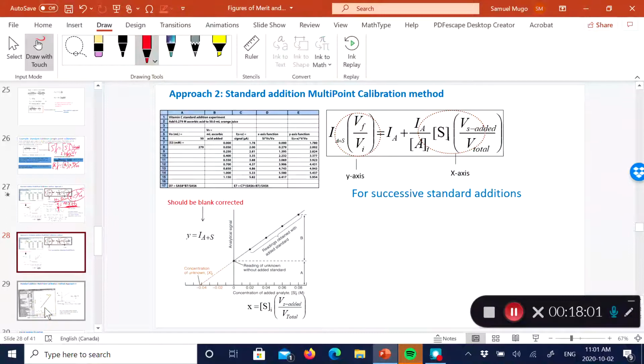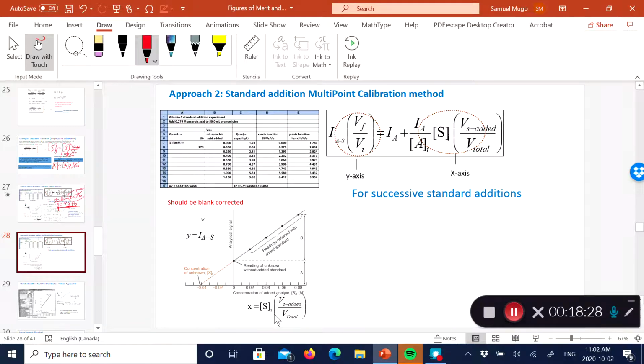So that's approach one. But there's another approach where the x-axis remains exactly the same, meaning you calculate the concentration of the standards in each of your solutions. Same way, concentration of the standard initial multiplied by the dilution factor, which is the volume of the spike divided by the volume total. And I think all of us know that.